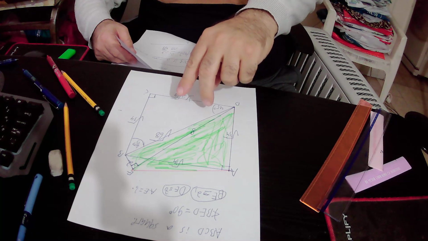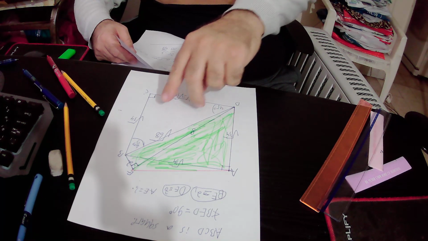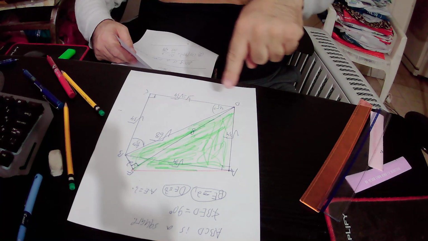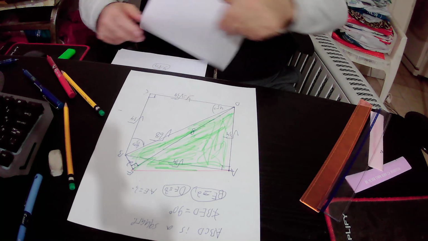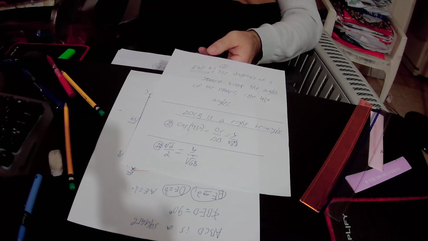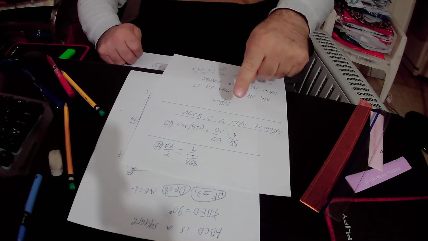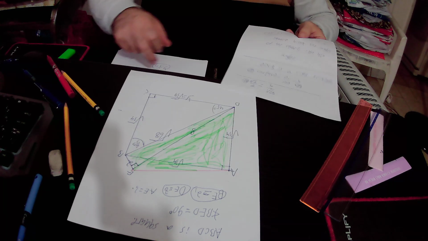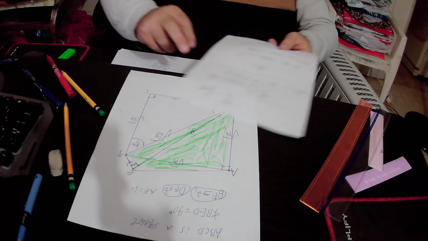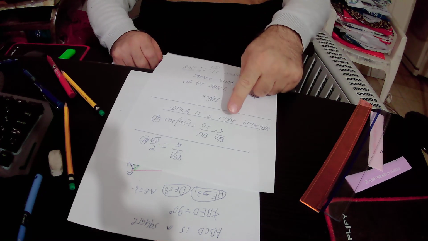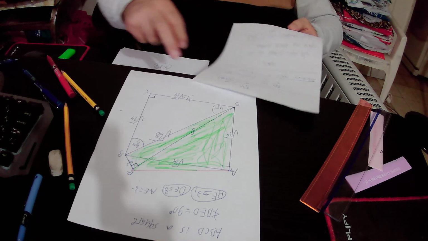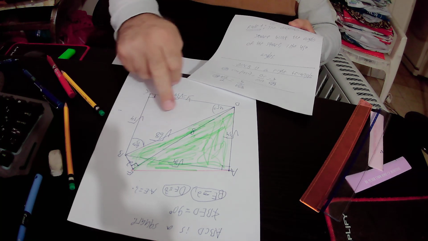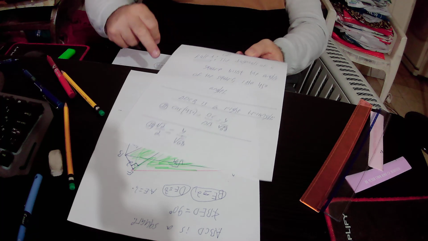So in the right triangle BCD, cosine 45 degrees equals DC over DB. We defined DC as Y, so DC equals Y, and DB equals square root of 68 units. We have already found that DB equals square root of 68.